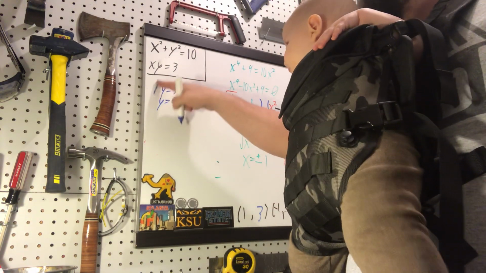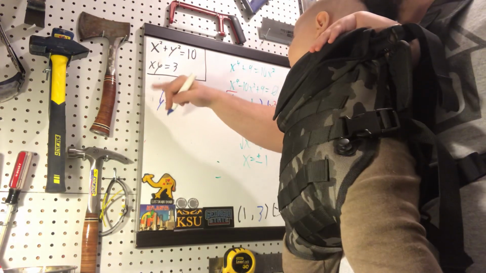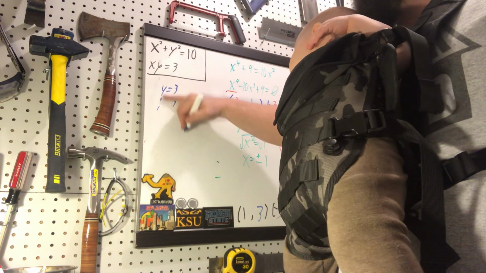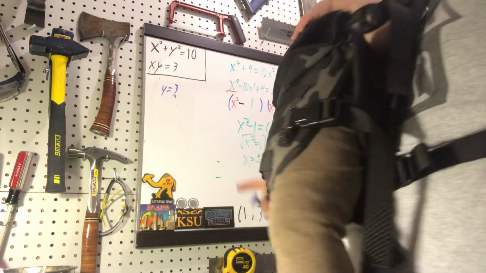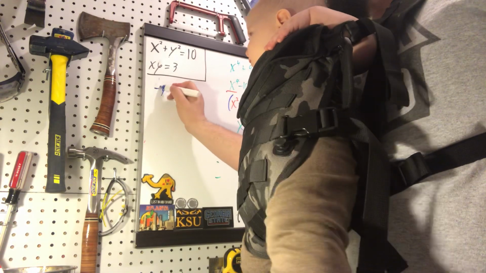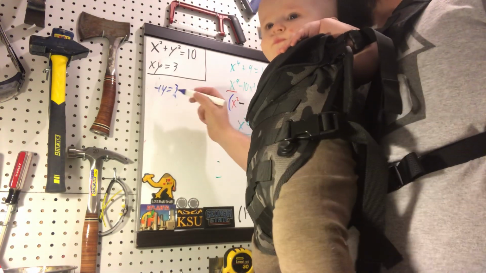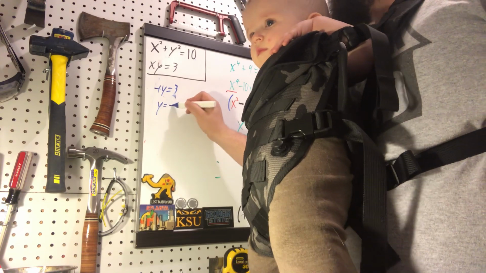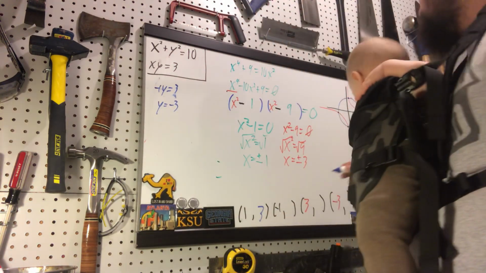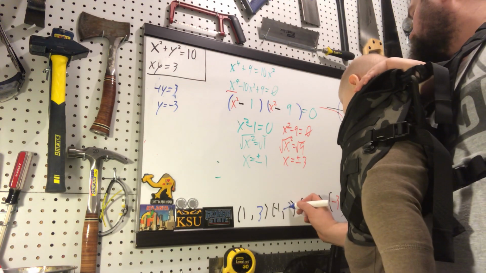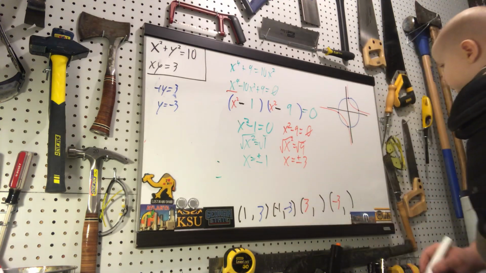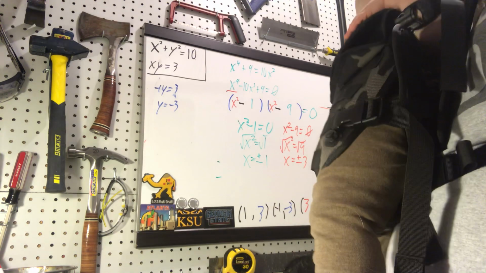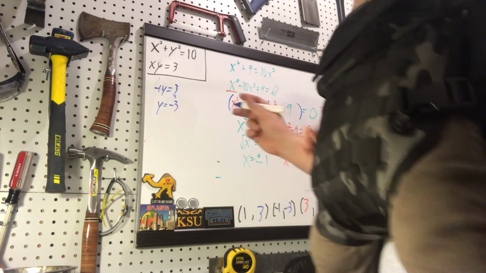Alright, let's do another one. Next one up, let's go with a negative 1. So again, negative 1 times y is equal to 3, and that means y is equal to negative 3. Boom, negative 3, right down there. Alright, and then we're going to move on over here to our 3's now.